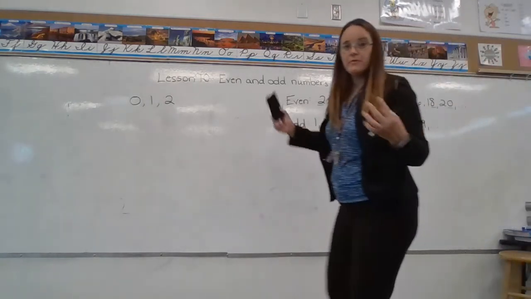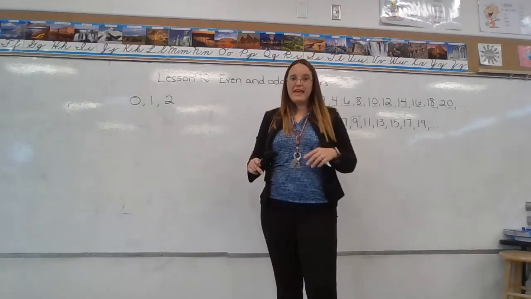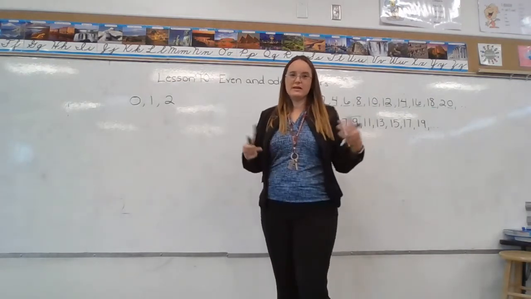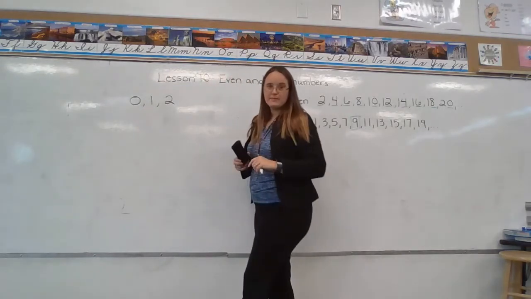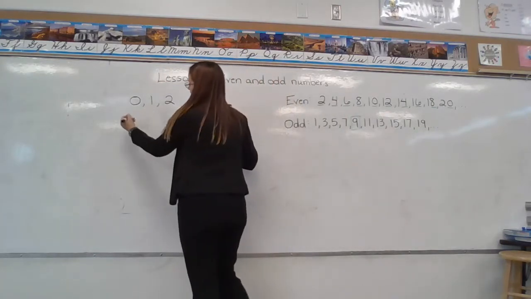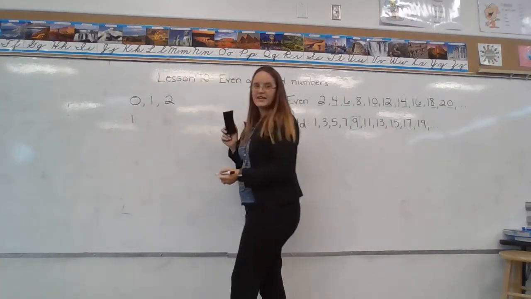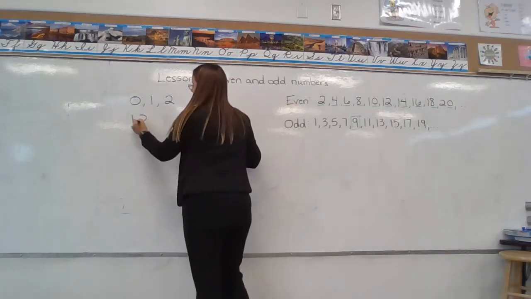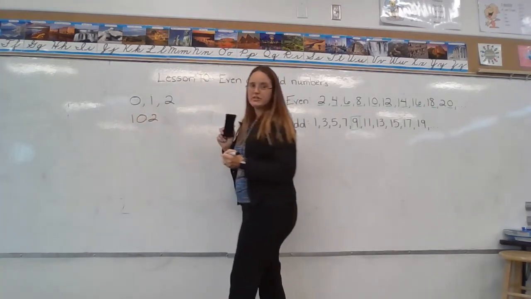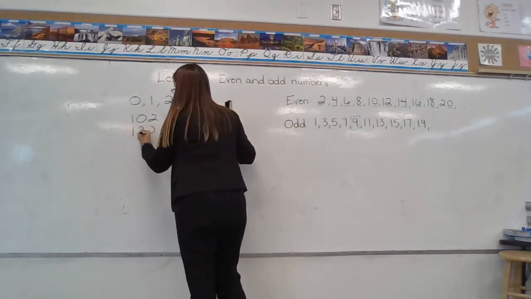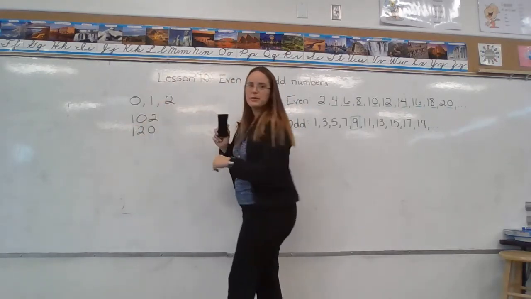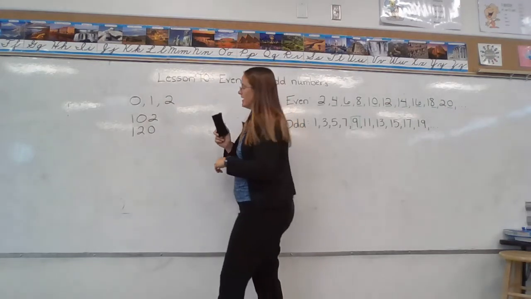So let's come up with all of the numbers that we can make, and then we'll do the final step of putting them in order, okay? So I can't put the 0 in the hundreds place, but I can put 1 in the hundreds place. So I can write 102 as one of my choices, or I can write 120, where I just flip-flop my 2 and my 0, okay?